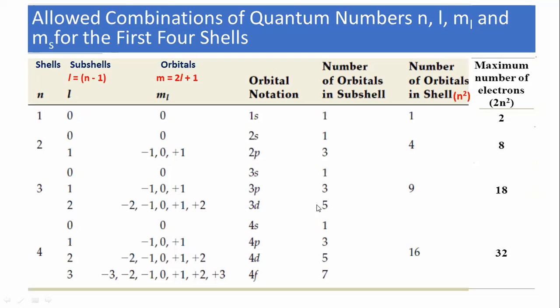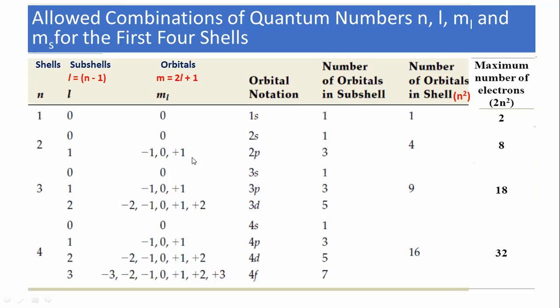And how many orientations are there? There are 5 orientations, or you can say these are the 5 orbitals present in the d subshell, because 1, 2, 3, 4, 5. So actually this information, the magnetic quantum number, is giving you the possible number of orbitals present in the subshell.